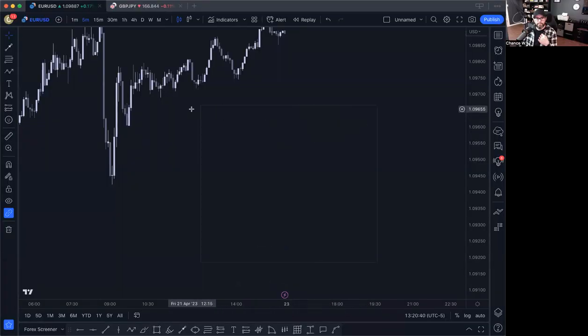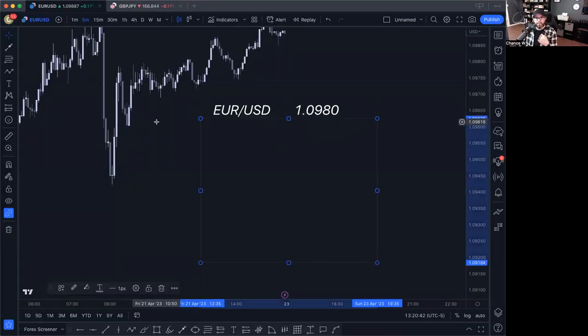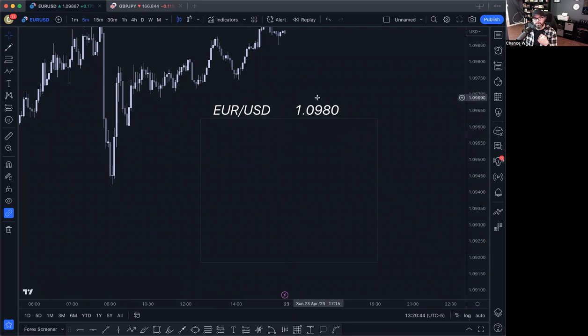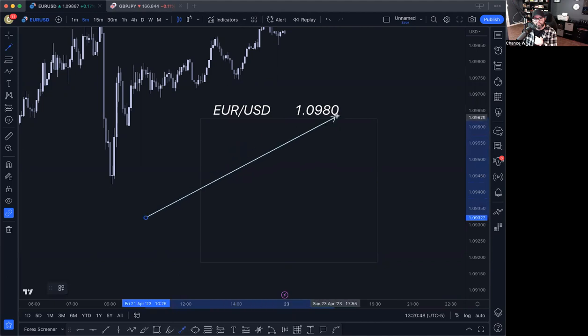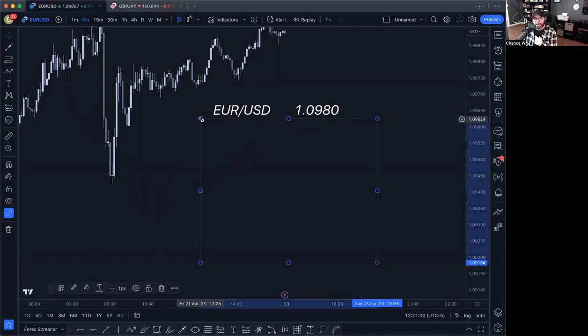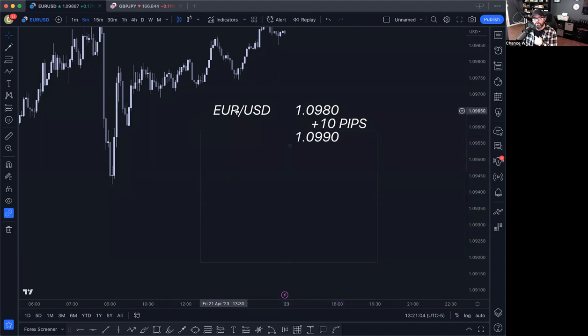If EU is at a price of 1.0980, the 4th decimal place, like I said before, right here, that is the pip value. That is the smallest whole unit of measurement price can make. If price goes up 10 pips, well, there's the answer right there.